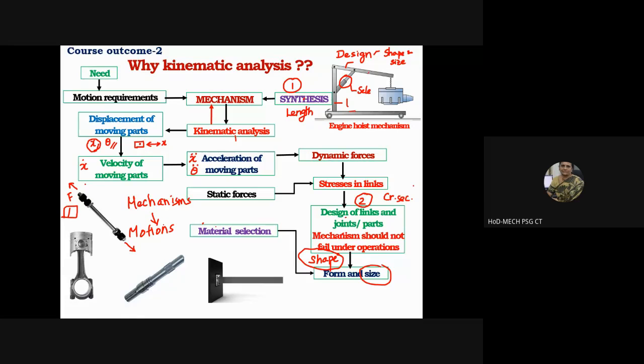Further, if they also transmit significant magnitude of forces or power, then it becomes a machine. Be it a mechanism or a machine, definitely motion is involved. So whenever there is motion, of course, there will be velocity and acceleration.